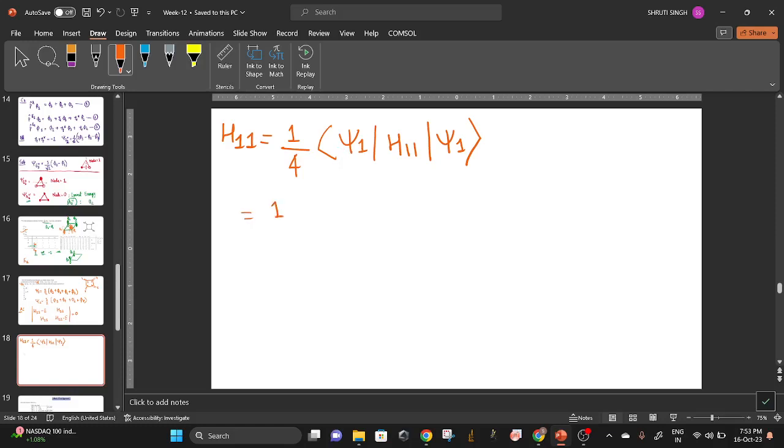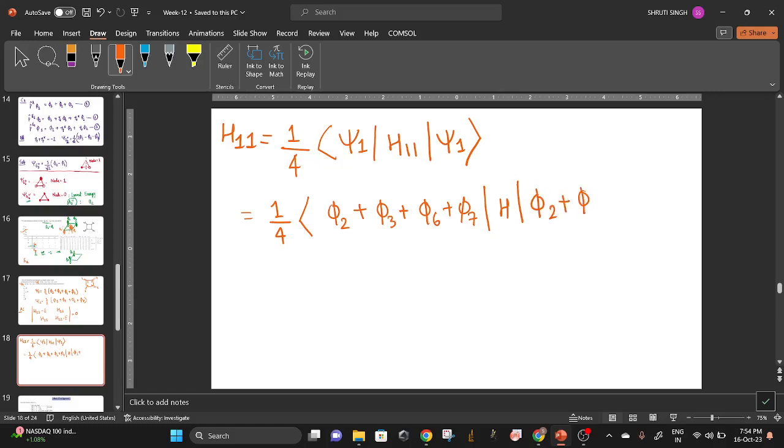So it will be H, sorry, H only, interaction Hamiltonian, and then again psi 1.